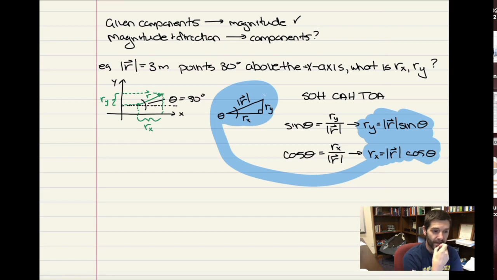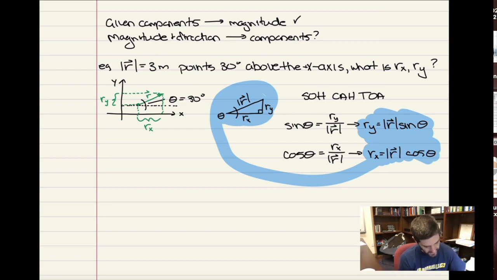I think this is actually how your book writes it. I actually don't like necessarily associating it with x and y. Really it depends on the problem. It depends on which side is the adjacent side and which side is the opposite side when we are doing these calculations.